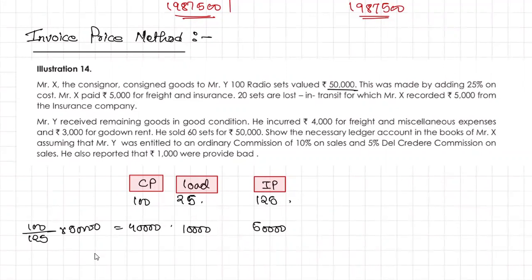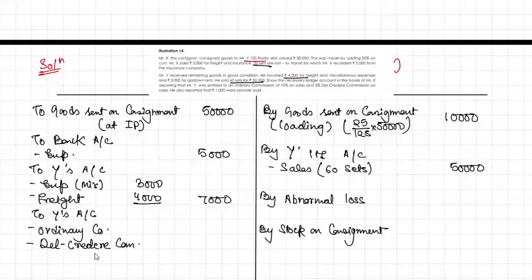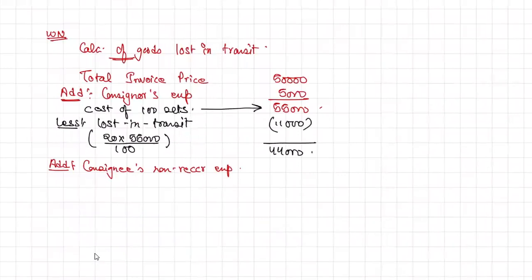Freight and miscellaneous expense. Freight वाला miscellaneous expenses आएगा. हाँ वो आएगा ना. तो only 4,000. So this will be added. So it will be 48,000.